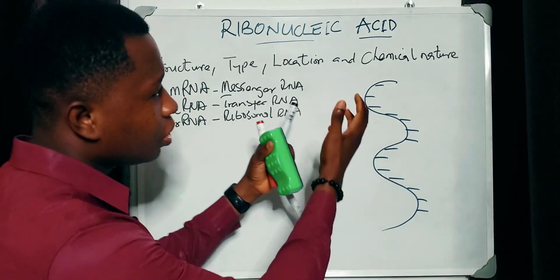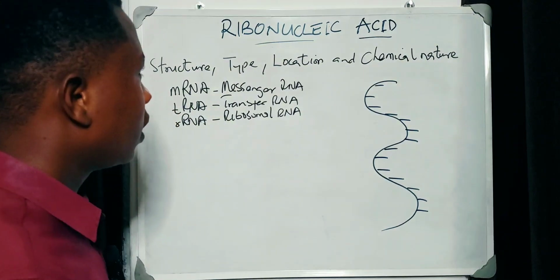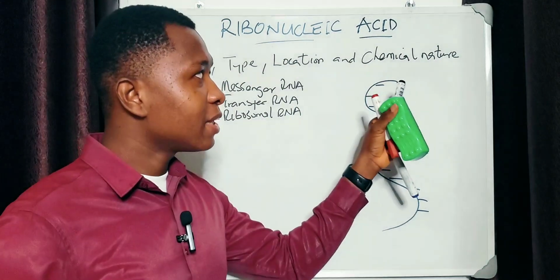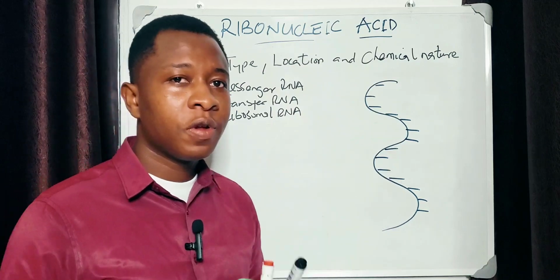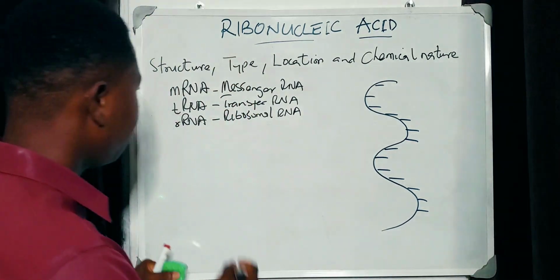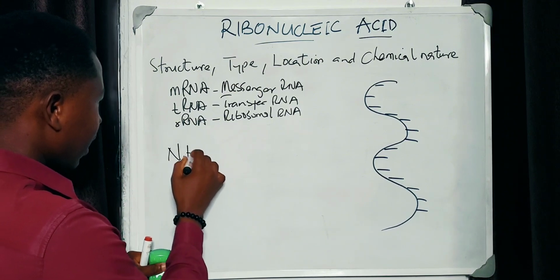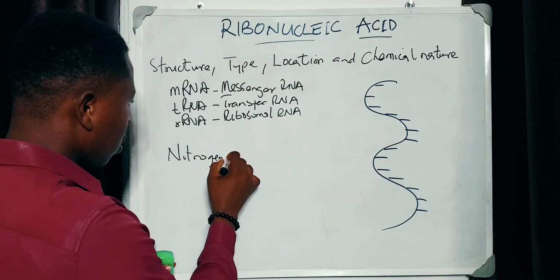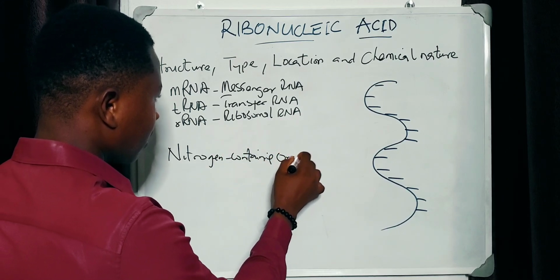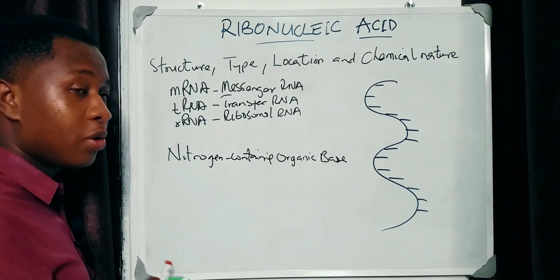Now let's look at the chemical nature, which is one of the most important parts of this video. The chemical nature of the ribonucleic acid. Ribonucleic acid is made up of three basic chemicals. The first is what you know as nitrogen containing organic base. Nitrogen containing organic base.